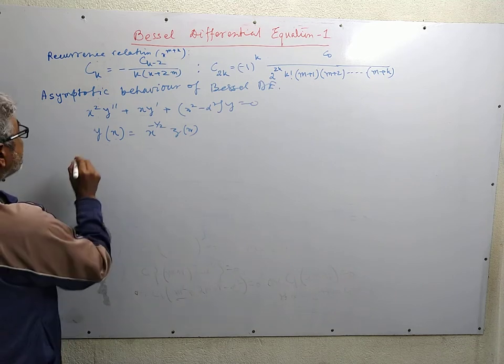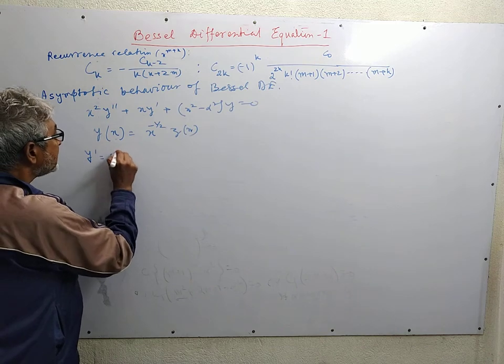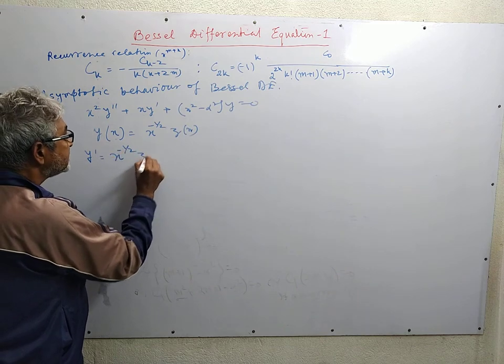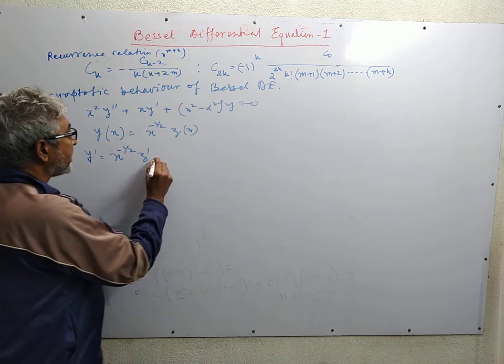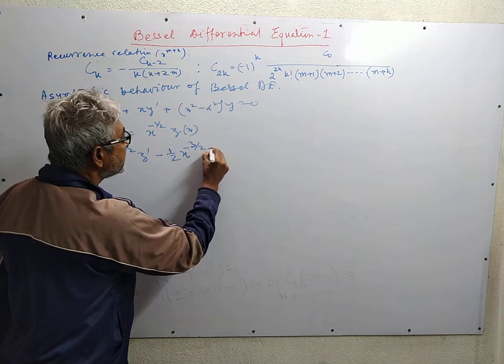So y prime would be x to the power minus half z prime minus half x to the power minus 3 by 2 z.